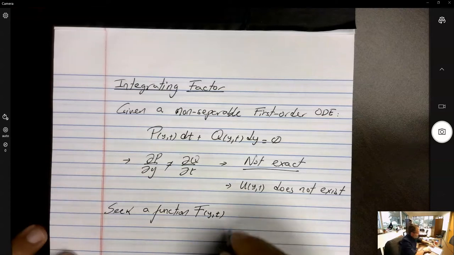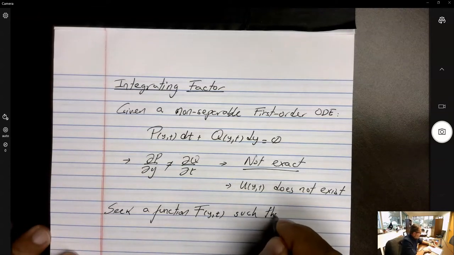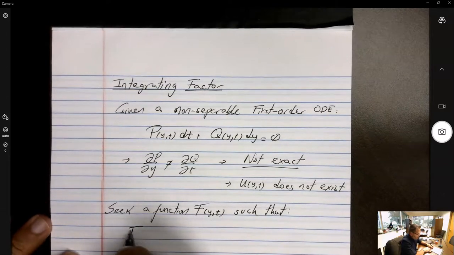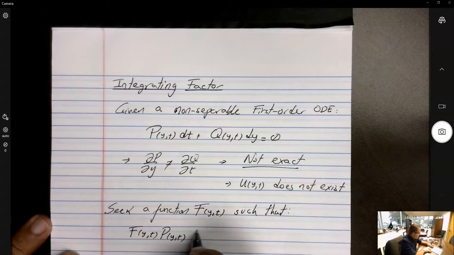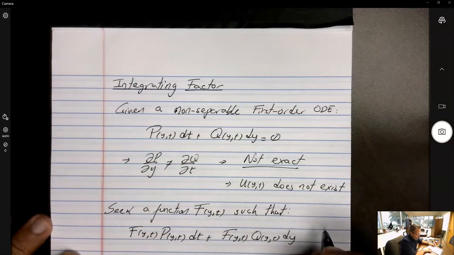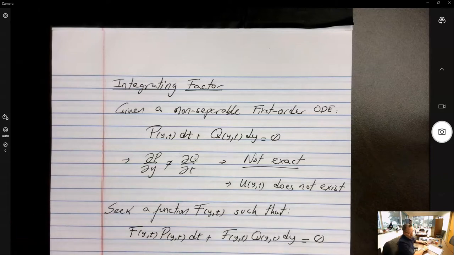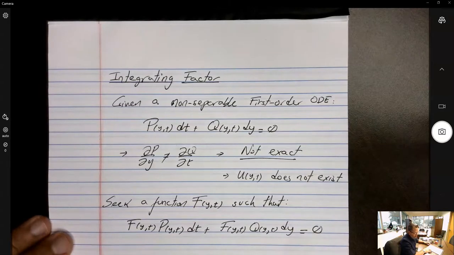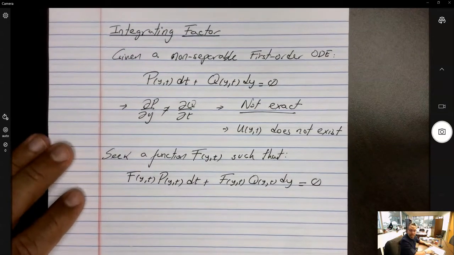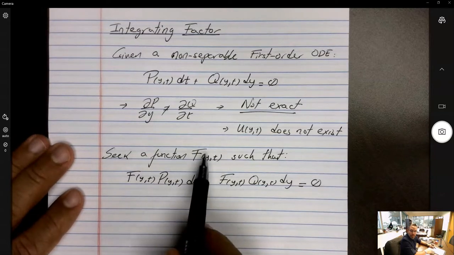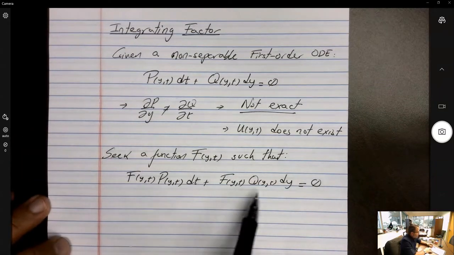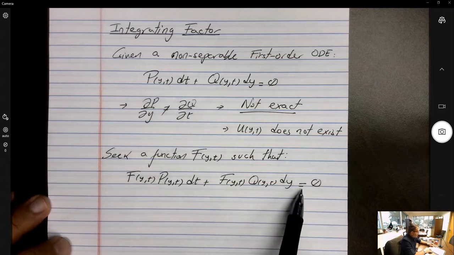I'm going to try to make it up such that f of y and t times P of y and t dt, plus f of y and t times Q of y and t dy, equals 0. Right? If you create an arbitrary function and you multiply it through the differential equation, you're not affecting the equal sign.